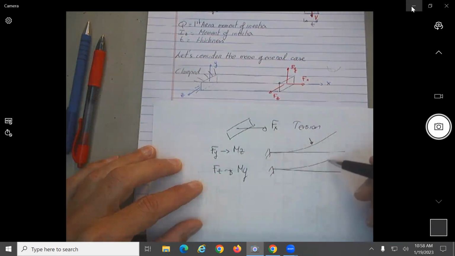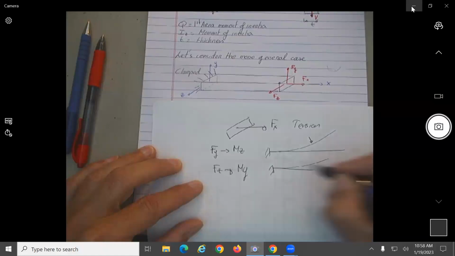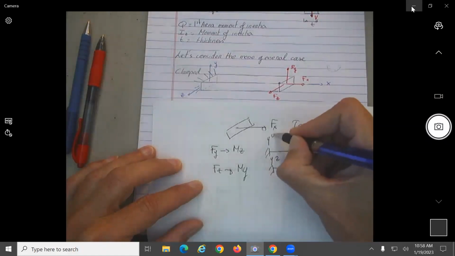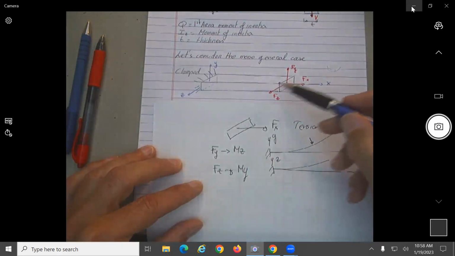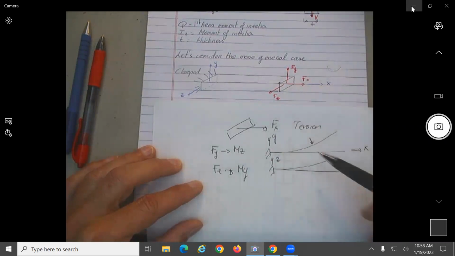So this is not Y anymore, this is Z. This is ZX, okay? This is YX. Just try to plot into this. So this will come away from the Z. So again, the top will be in compression, no? So it will be negative.